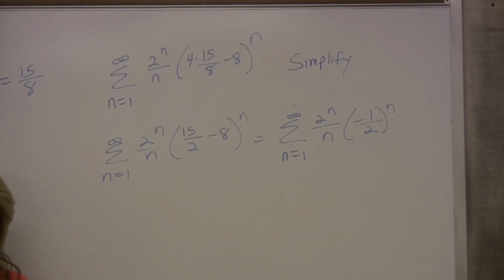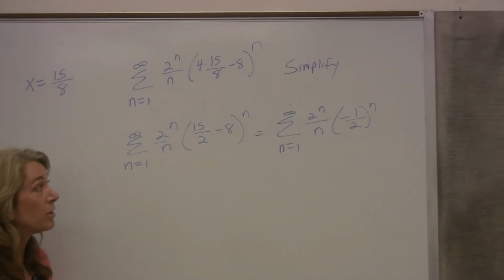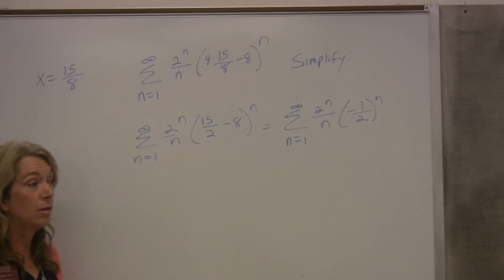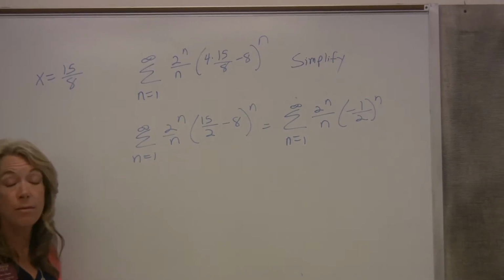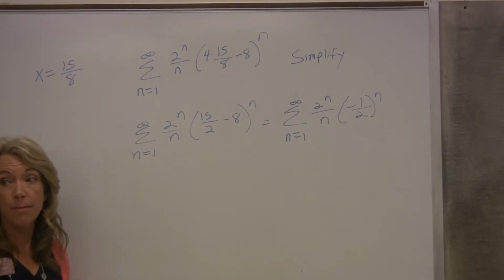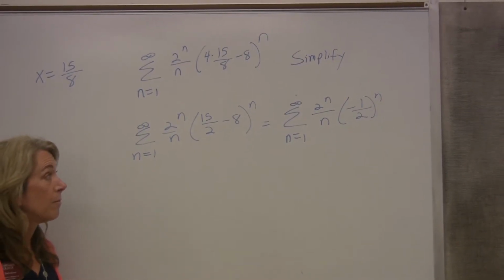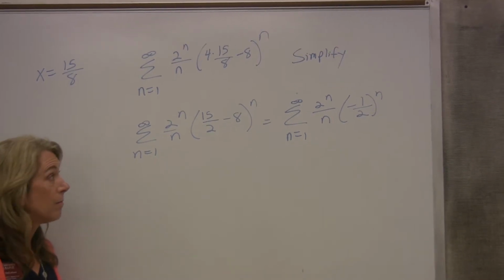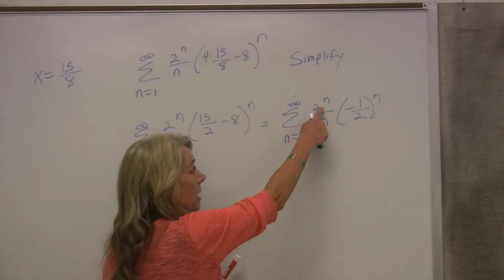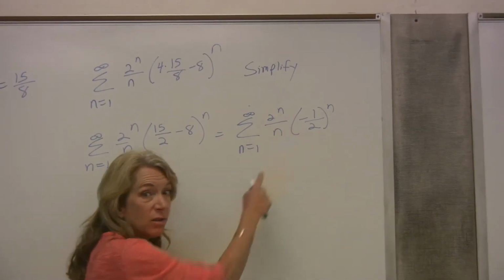Keep simplifying. If you don't keep simplifying, you're not going to recognize your series. There's more simplifying to do here. What simplifies? Yeah, the 2 to the n here and the 2 to the n in the denominator here. Those 2 to the n's are going to reduce.